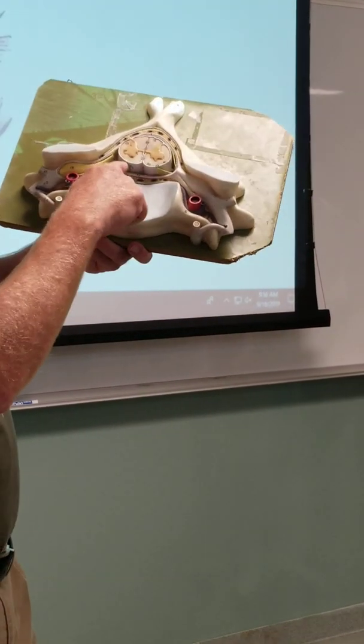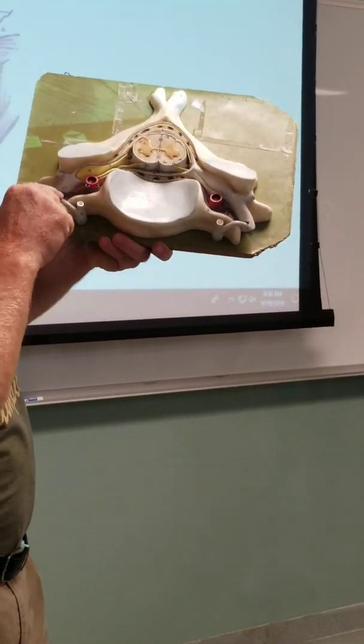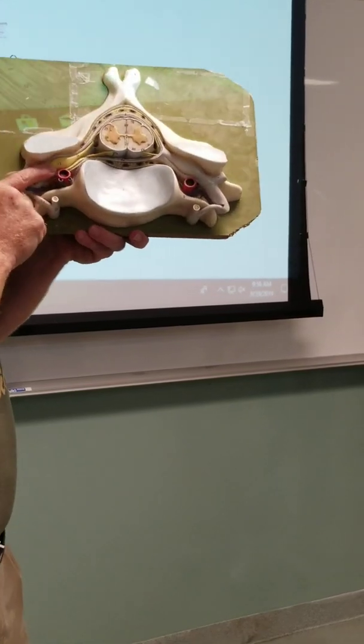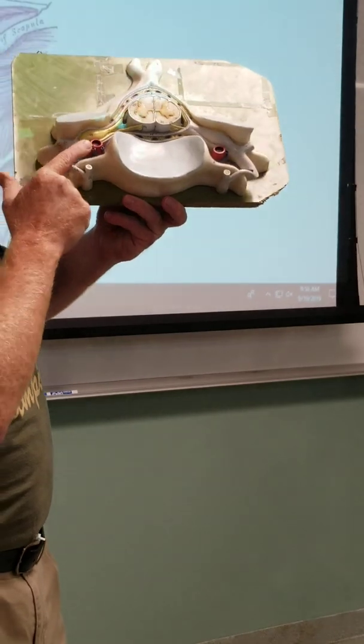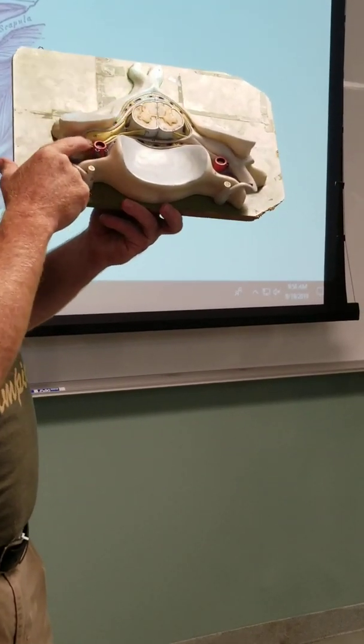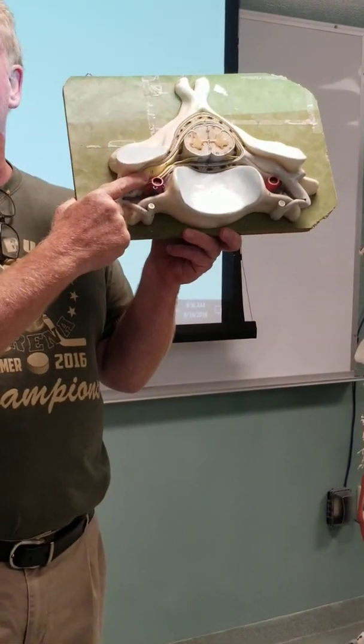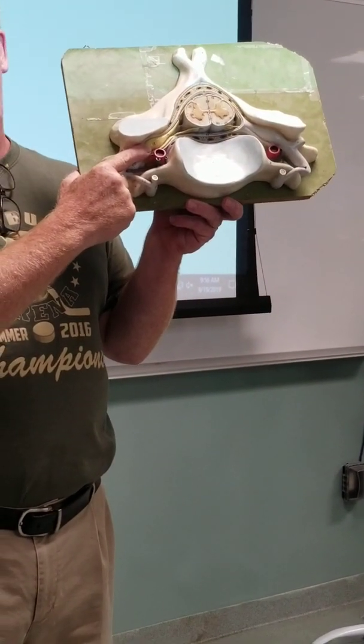And so as these 2 roots kind of come together, they meet pretty close to the intervertebral foramen. And just before they come together, the dorsal root has a group of cell bodies called the DRG, dorsal root ganglia.